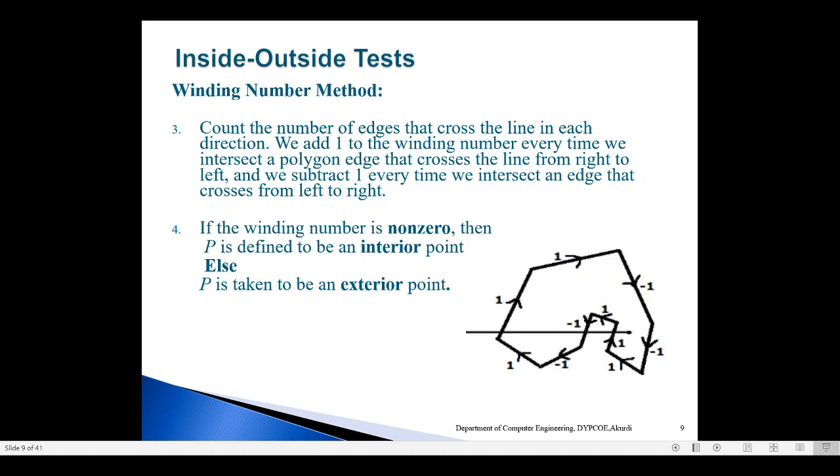Here also we can consider the special cases when this scan line is passing through the vertex. So these special cases are very similar to previous method. When this scan line is passing through the vertex, we have to see the direction of polygon edges which are meeting at that vertex. If these polygon edges are at opposite side, then we have to consider this intersection only once.